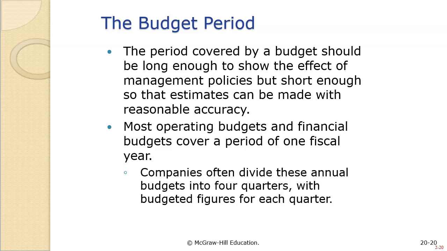This was a slide on the budget period. It's the period that you're comparing the actual versus the budgeted amounts. Typically, you do an annual budget, and then companies typically review their performance at least quarterly.